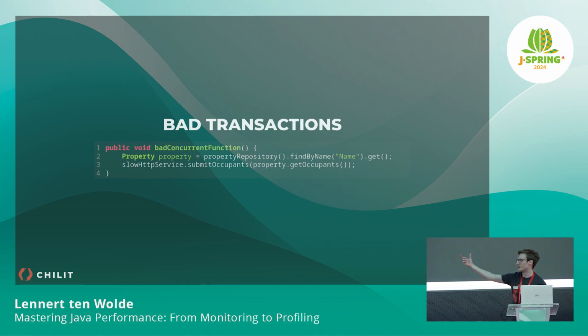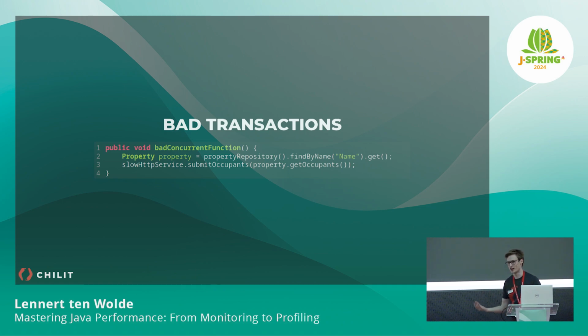And occupants is a JPA foreign key reference. So if you call getOccupants, you get a collection. And this is going to lazily find the occupants of the property by querying all of the occupants by the foreign key constraint that you've defined. And this only works if you're inside of a transaction.